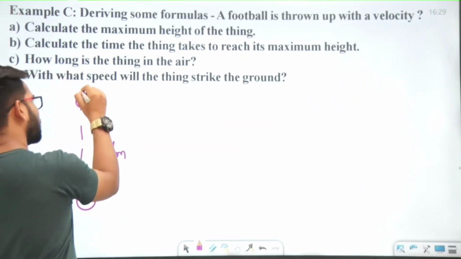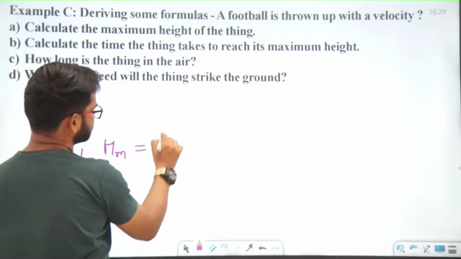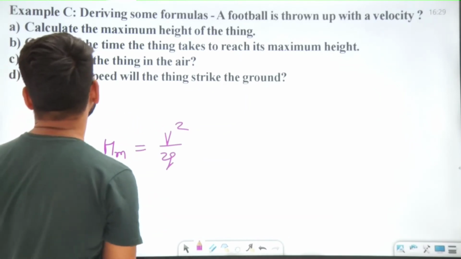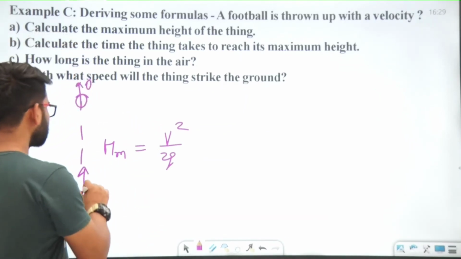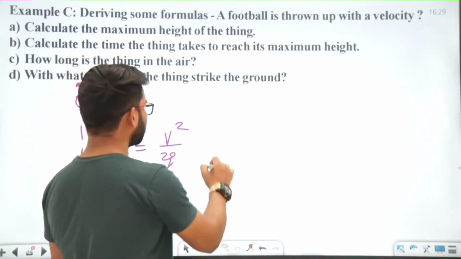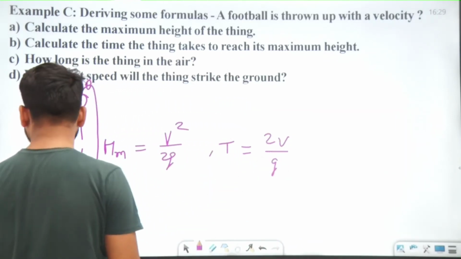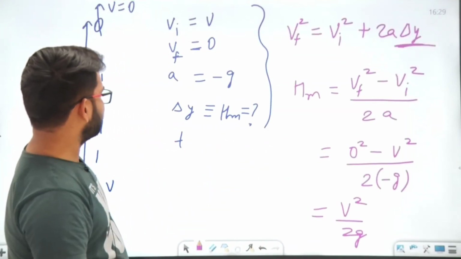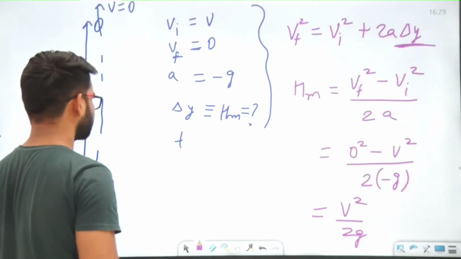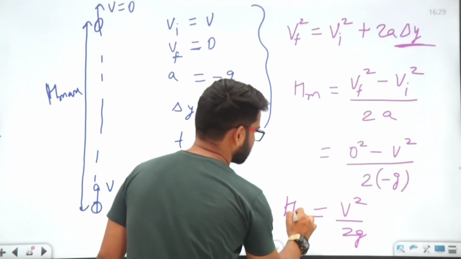If you throw an object, the maximum height will be V square over 2g. Second, how long is the thing in the air? It will go up and come down. How much time will it take? The time period will be 2V over g. This was the time period, and this was the maximum height.